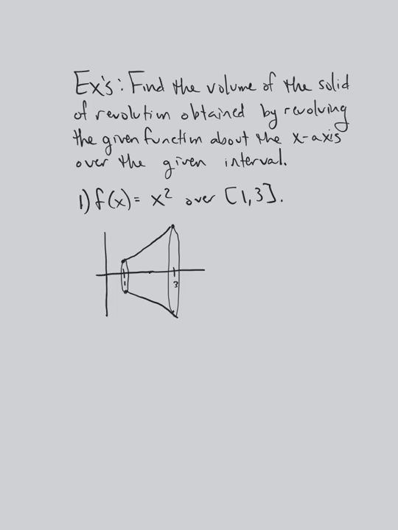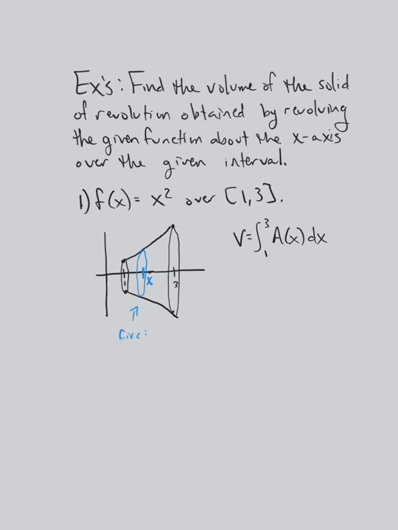Now again, the more general and good principle to know is that the volume is the integral over your bounds of cross-sectional areas. And if you can start getting that down, we can look at more general problems where the cross sections aren't even circles. Okay, so anyway, to help you here, think about fixing a value of x in the middle of the interval somewhere and looking at that cross-sectional area, realizing that that's a circle.